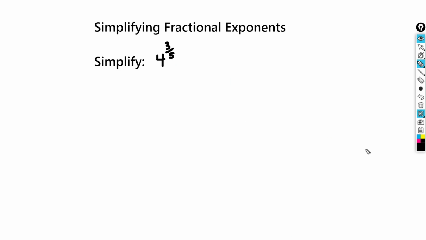Okay, in this next example, we're going to simplify the exponent 4 to the 3/5 power. Another way we could write this is as the 5th root of 4 cubed. So I'm going to write it as the 5th root of 4 cubed. So what is 4 cubed?